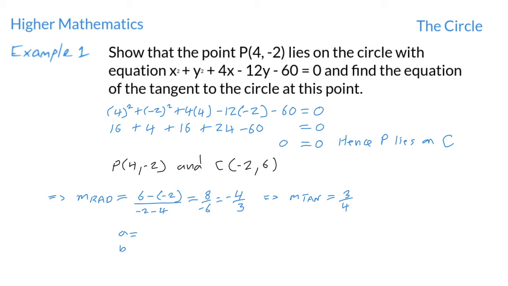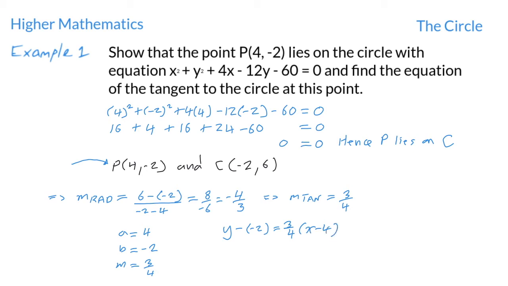We now use our equation for a straight line where we have a, b, and m. It's important here to focus on which point to use. Of course, only one of these points is on the tangent, and that is the point of contact. So we do not use the center here, we use the point P. So x is 4, y is -2, and the gradient is 3/4. Simply substituting that into our equation will yield the final answer.